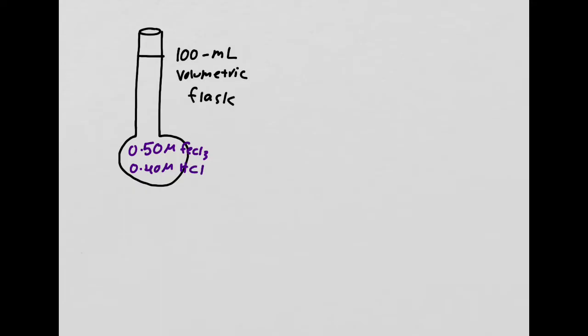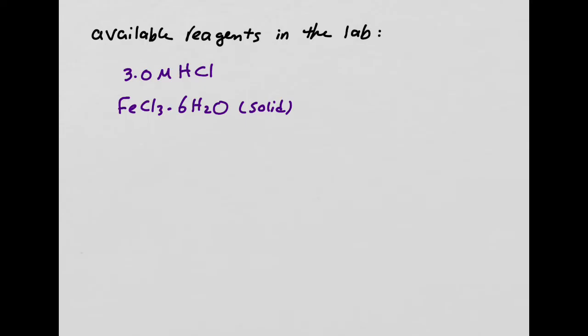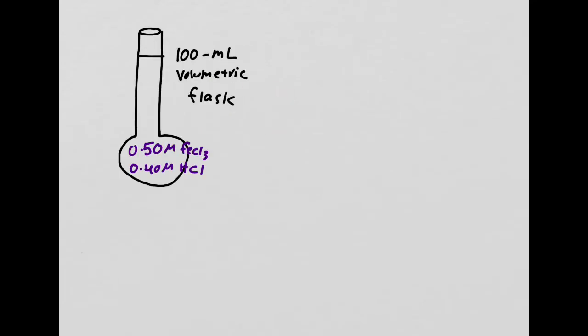So that's going to be my solution. How do I accomplish this? Remember what was available to me: 3 molar hydrochloric acid and iron 3 chloride hexahydrate, which is solid. Let's do one step at a time.